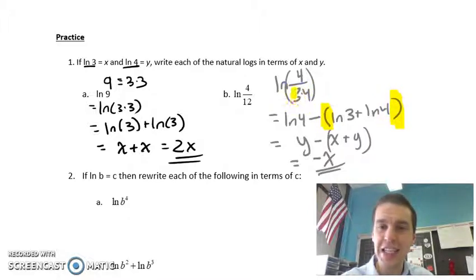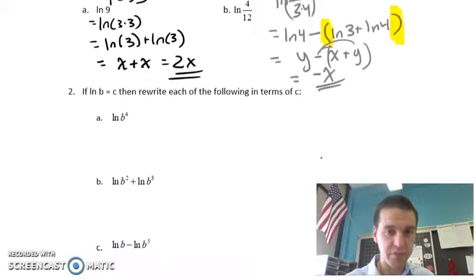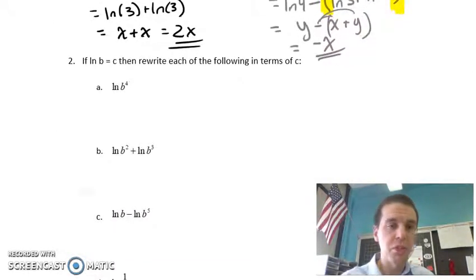You're subtracting the entire bottom, and therefore you need to remember that you're subtracting in parentheses the product ln of 3 times 4, which is ln of 3 plus ln of 4. You then keep the parentheses, distribute when need be, and you're going to be left with just negative x. Let me show you B, and then I'm going to have you guys do A and C.